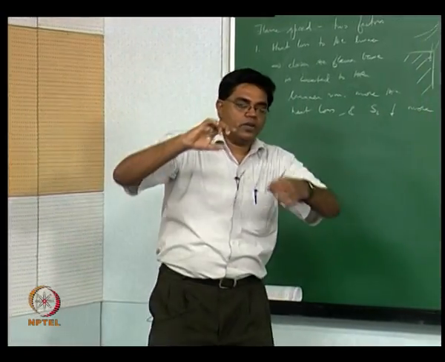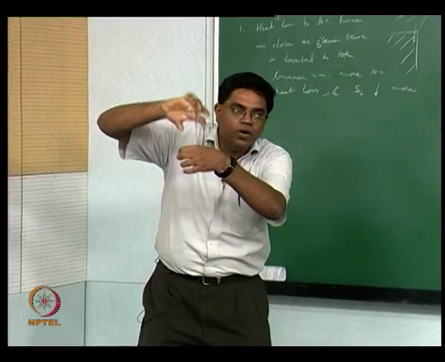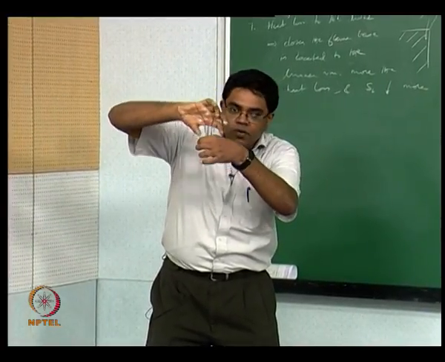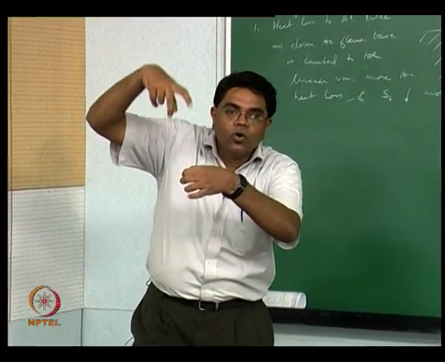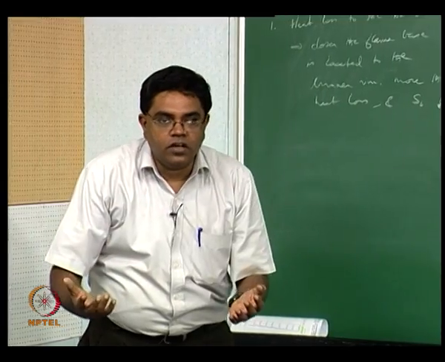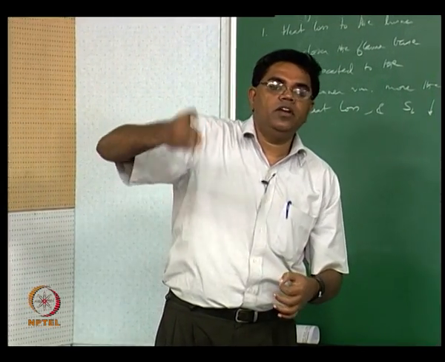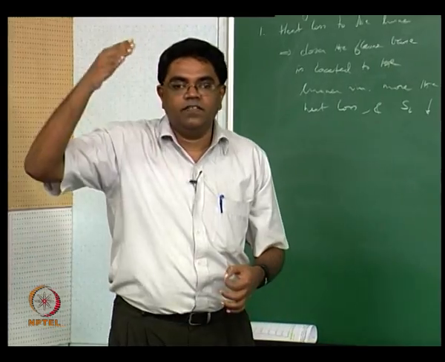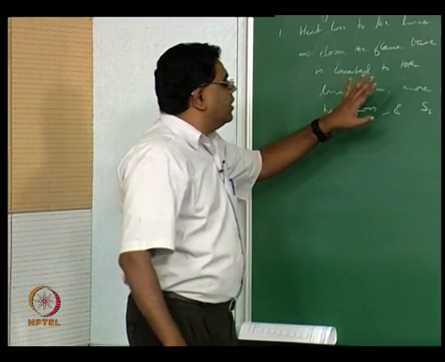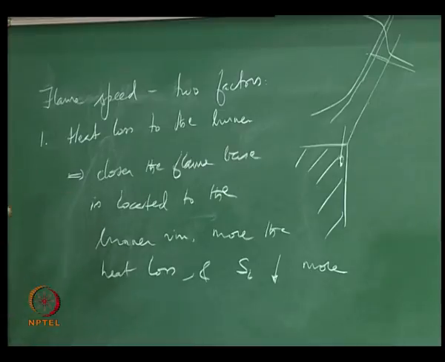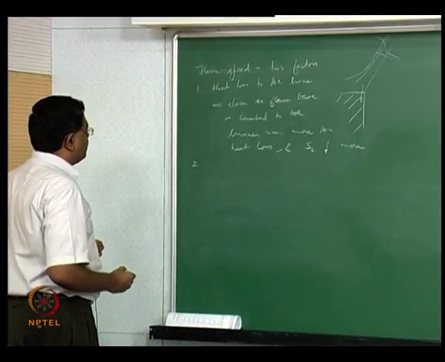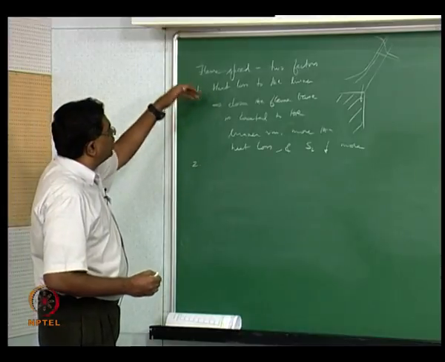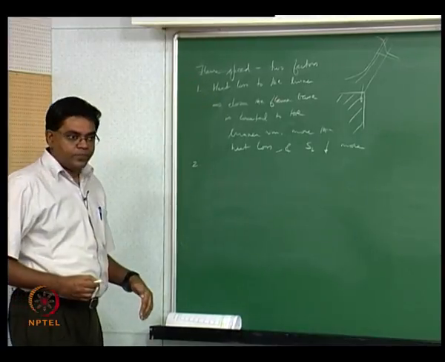But the moment we think the flame is not at the rim and can move up or down relative to the rim, what we are basically saying is, the closer it is to the rim, the more the heat loss, and therefore the flame speed near the rim is going to be progressively less. So this is a contribution that decreases the flame speed more and more when the flame is closer to the rim.